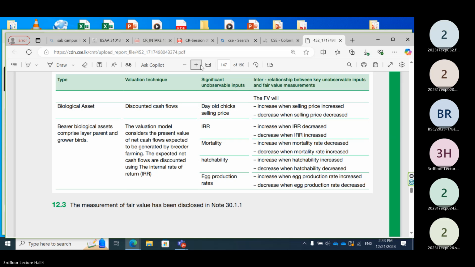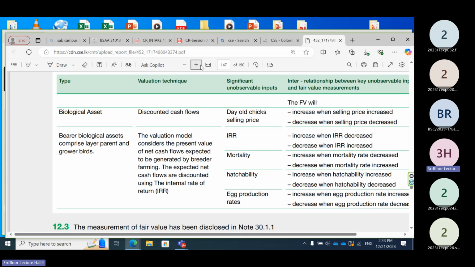Whatever company you are going to account for, this is a really important standard, right? If you are in the banking sector, you may not do LKAS 41. If it is a private company, you may not do segment analysis, right? For consolidation, you should have a group.